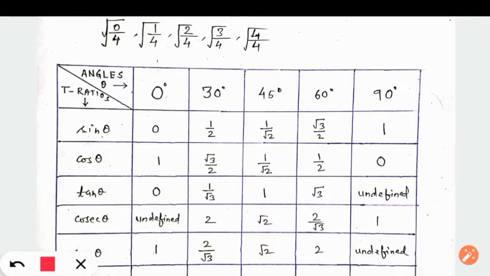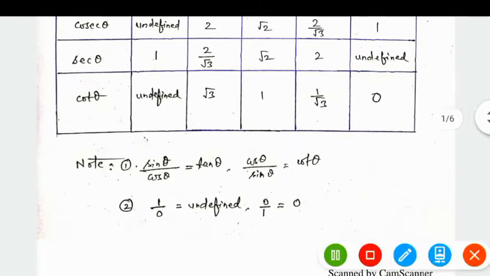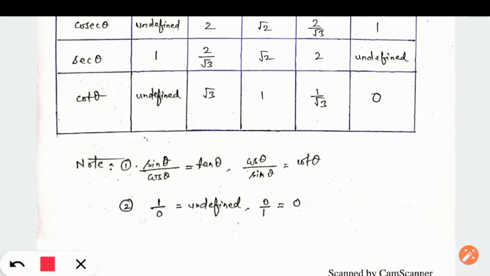Now how to find the value of tan? Let me show you. Tan theta is actually sine divided by cos. Sine theta divided by cos theta gives you tan theta. How? Because sine is the ratio of perpendicular by hypotenuse, and cos is the ratio of base by hypotenuse.